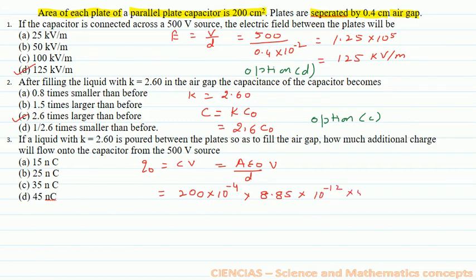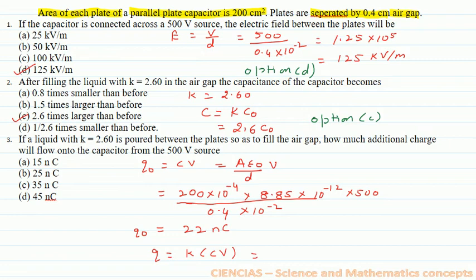Potential is 500 and the distance between the plates is 0.4 centimeter, that is 0.4 into 10 to the power minus 2. On solving this, we get the charge equal to 22 nanocoulomb. This is Q0.